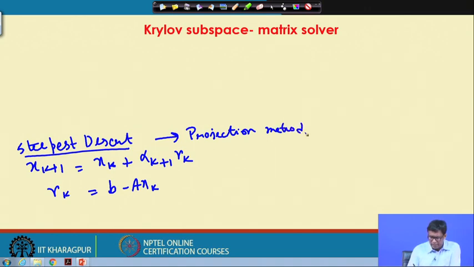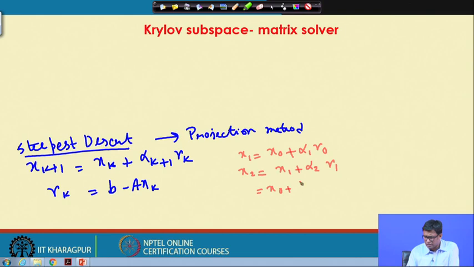Now, I can write, let us use another pen, x 1 is equal to x 0 plus alpha 1 r 0. Then x 2 will be x 1 plus alpha 2 r 1. Now, what is x 1? x 1 is nothing but x 0 plus alpha 1 r 0.